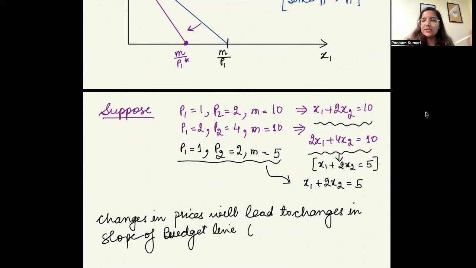I will also mention the specific case, unless they are proportional changes, so that we exit that special case that we've just discussed here.